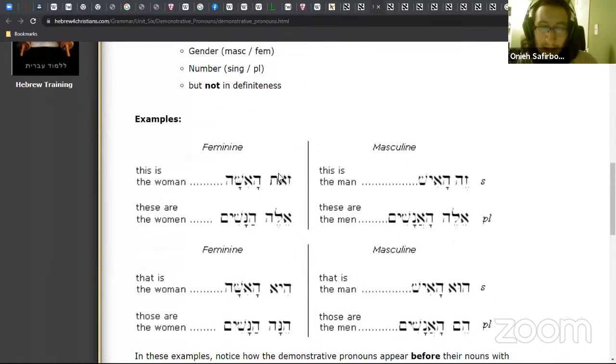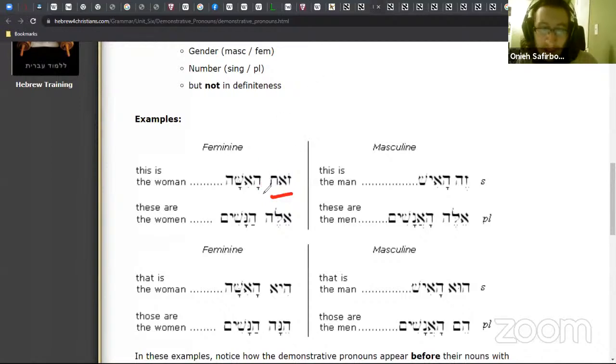So it gives us some examples here. You don't write "is" in Hebrew usually. So "is" is invisible. You're not going to see the word "is" in Hebrew, but it's understood by context.